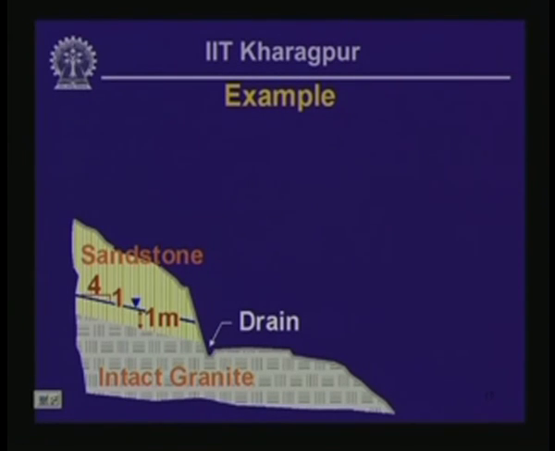What you should try to find from this configuration is the amount of water that is going to flow into the drain, or in other words how much flow the interceptor drain needs to be designed for.